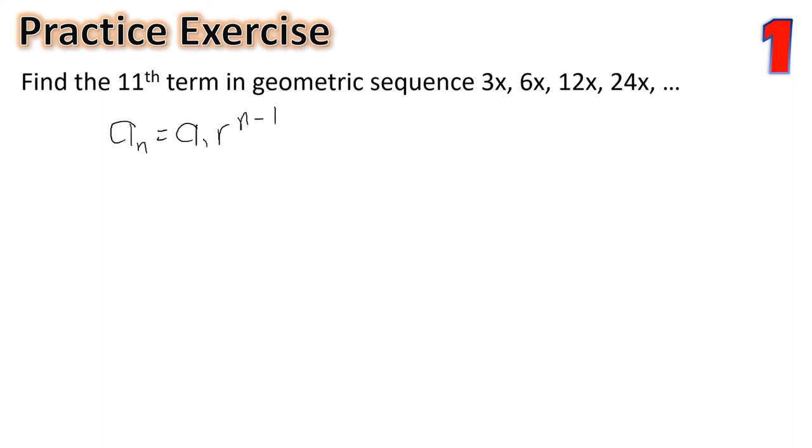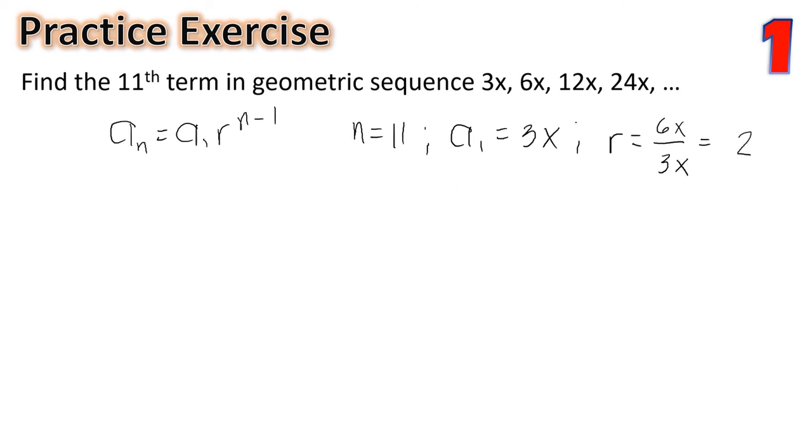In this problem, we are given n is equal to 11 because we're looking for the 11th term. A sub 1 is equal to 3x, and r may be obtained by getting the ratio between two successive terms. Let us have 6x over 3x, hence r is equal to 2.